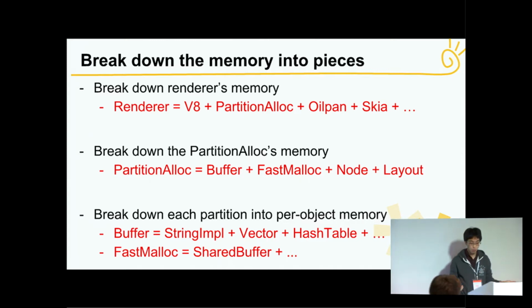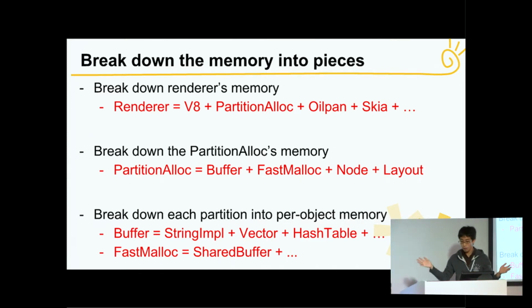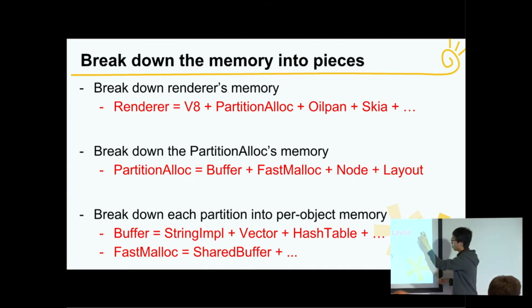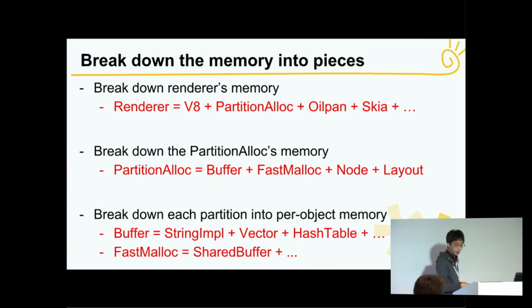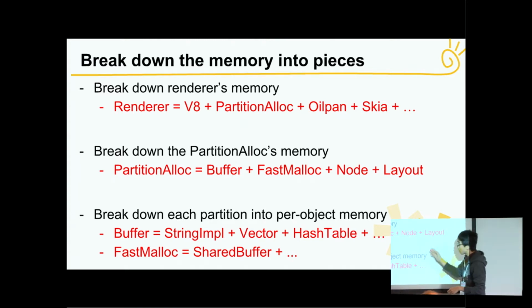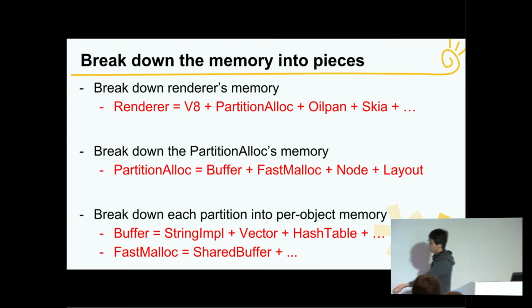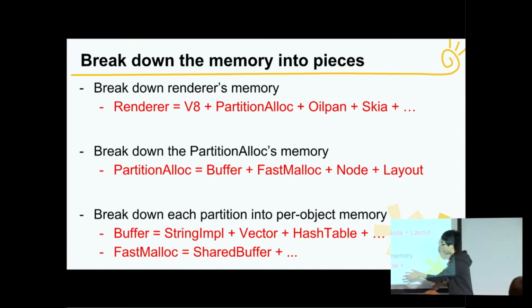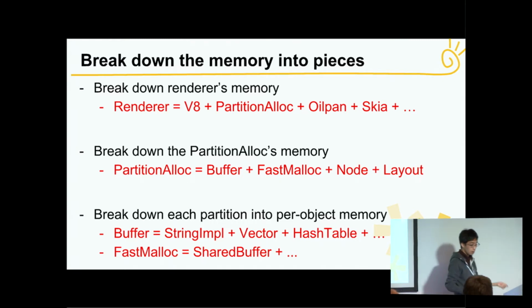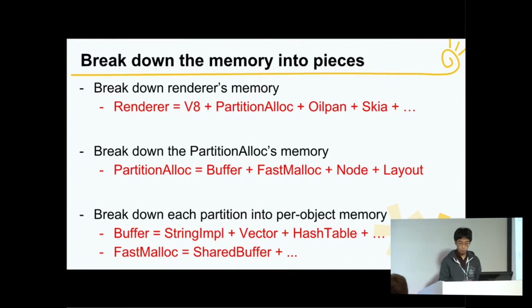A partition is a notion in PartitionAlloc to separate object types into multiple partitions: buffer partition, fast malloc partition, node partition, and layout partition. I will explain the details later. And after understanding the breakdown of each partition, we want to break down each partition into per-object memory. For example, the buffer partition contains strings, vectors, and hash tables. What's the breakdown? This is what we want to understand.